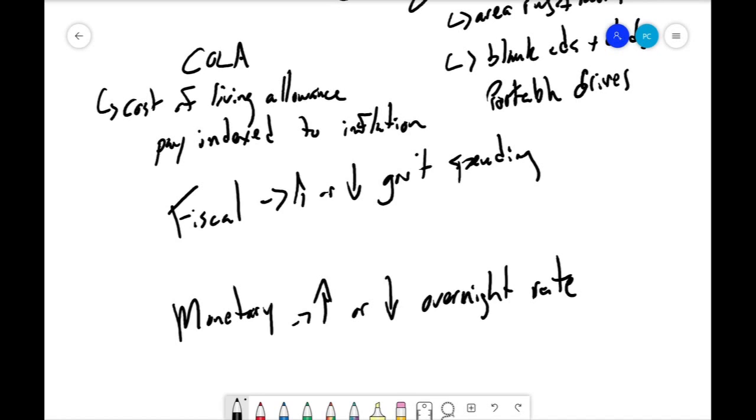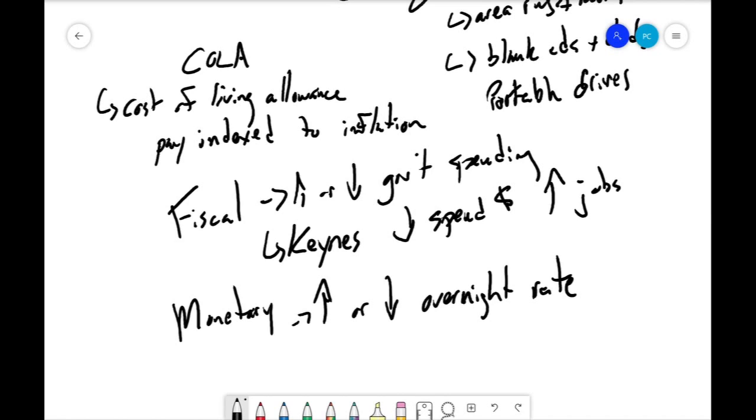So the fiscal spending comes from John Maynard Keynes, and it's known as Keynesian economics. Basically, his idea, during the Great Depression and World War II, is that when the economy is down, you spend money to increase jobs and services.